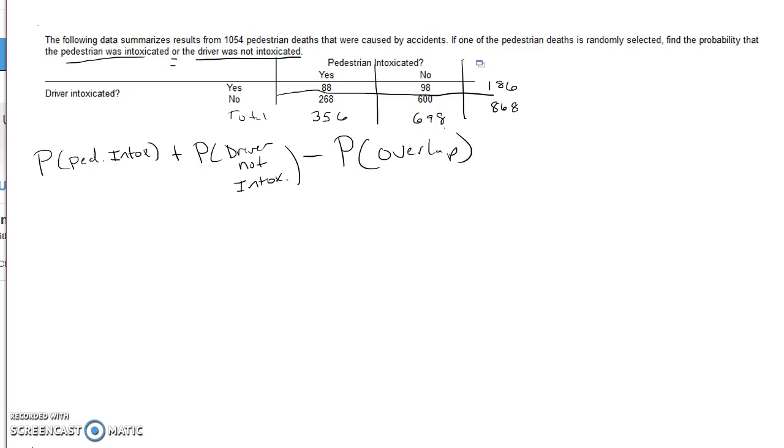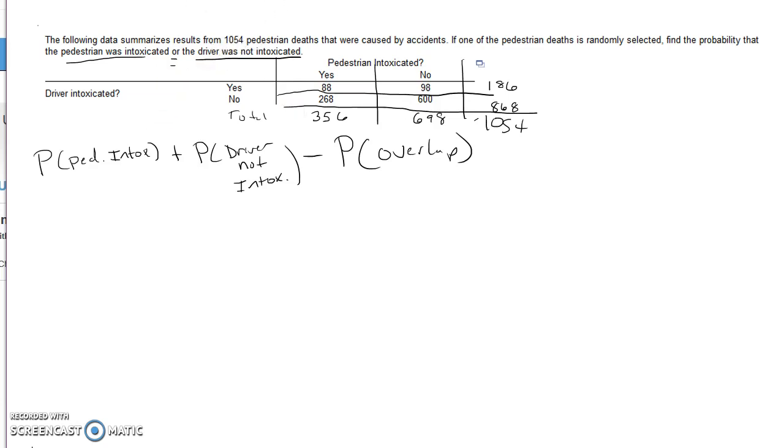When we add these, 356 plus 698 gives us 1054. This number in the bottom corner is the total of all of our totals. It should be 1054, which lines up with the number given in the problem.